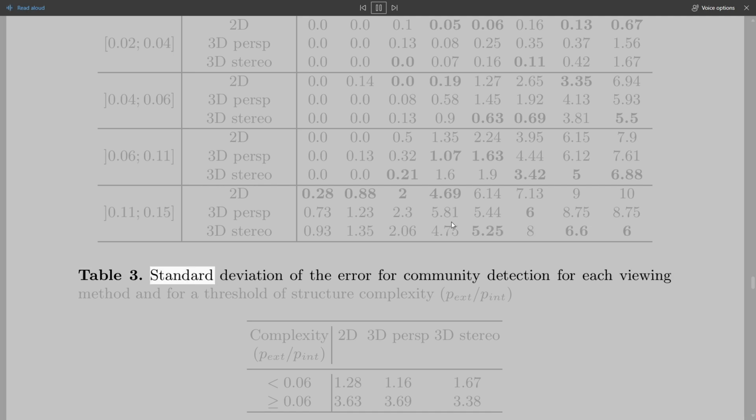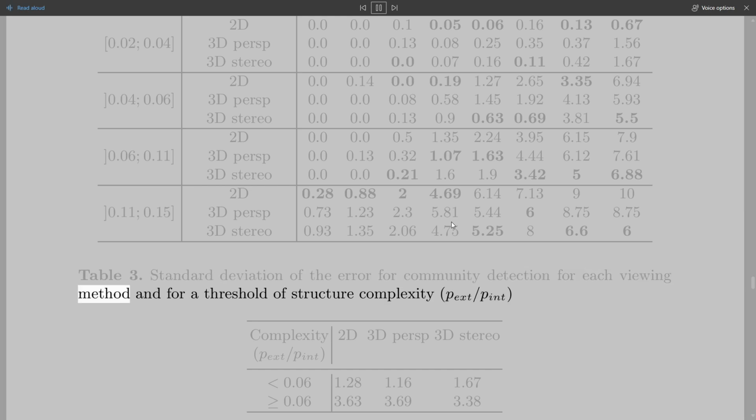Table 3. Standard deviation of the error for community detection for each viewing method and for a threshold of structure complexity, PEX/pint. Complexity 2D, 3D persp, 3D stereo, PEX/pint. Less than 0.061.281.16. Greater than or equal to 0.063.633.69. 1.67.